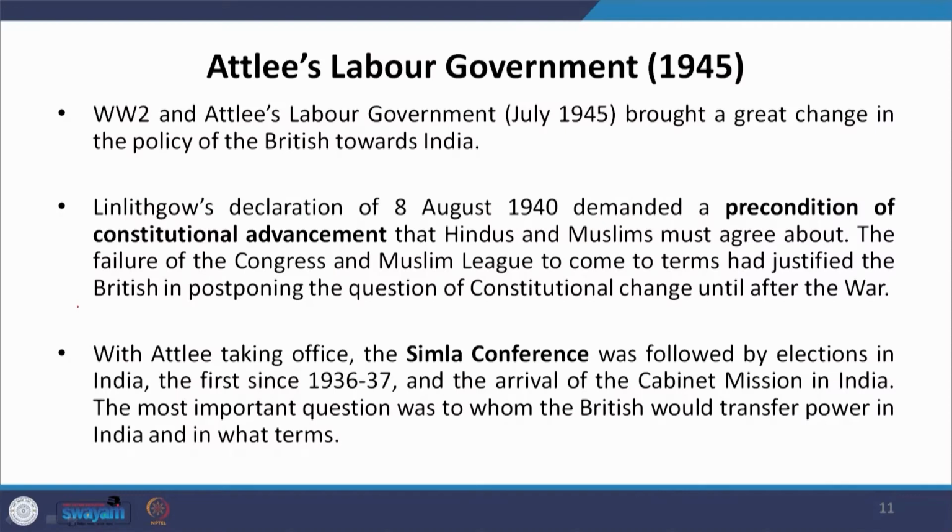So, World War II and Atlee's Labour government brought a great change in the policy of the British towards India. Linlithgow's declaration of 8th August 1940 demanded, as a precondition of constitutional advancement, that Hindus and Muslims must agree.